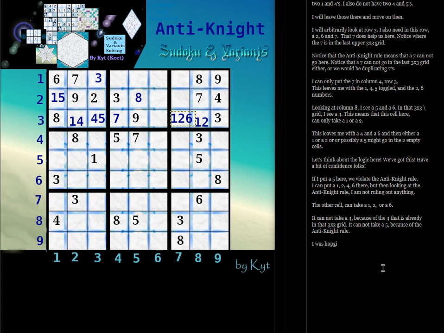Was hoping to force a naked pair of 4 and 6. But I need to look at the 5s more closely.